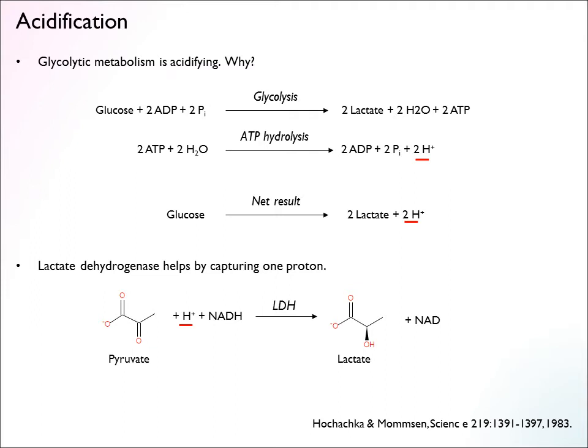If you don't know about this, you might think that blocking lactate dehydrogenase would help with the acidification, but it's actually quite the other way around. If you block this reaction, you will have lots of problems. So that's about pH and acid metabolism in glycolysis.